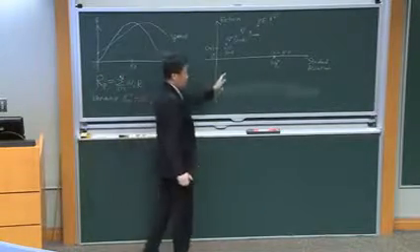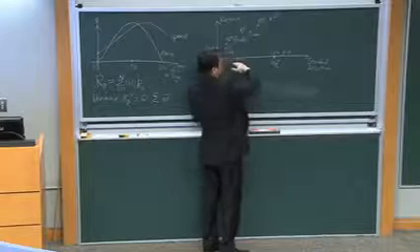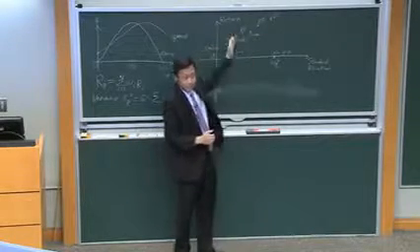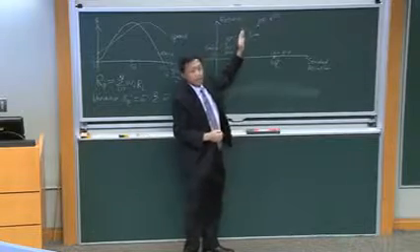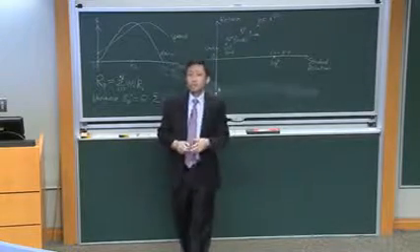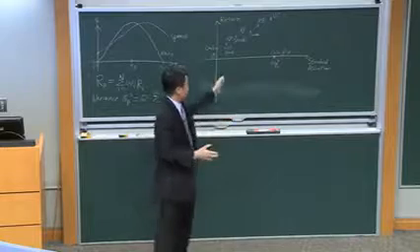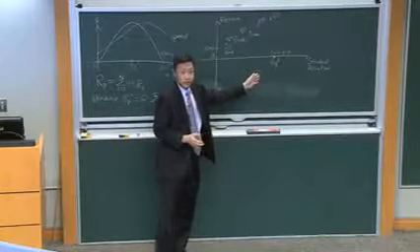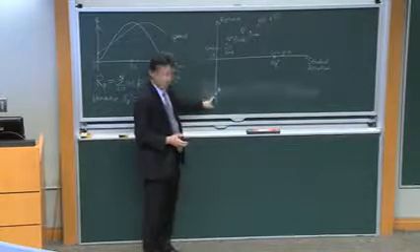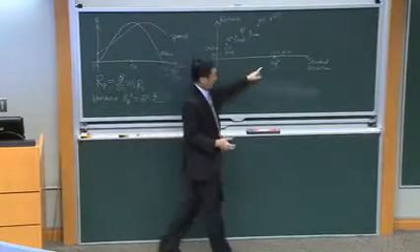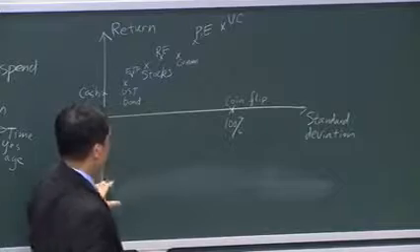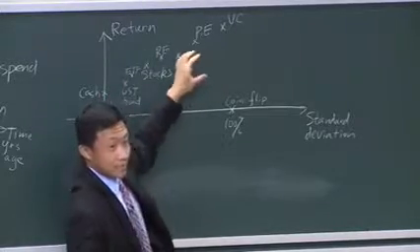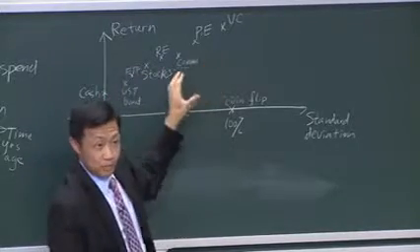But let's say you try to minimize this and maximize the vertical axis. You try to find the highest possible return with the lowest possible standard deviation. Will you pick this one? Will you pick this one? Then eliminate those two, but for the rest, they're all possible, right?